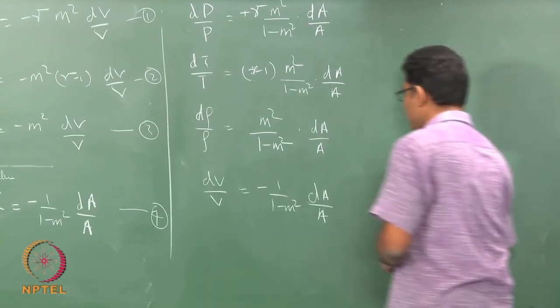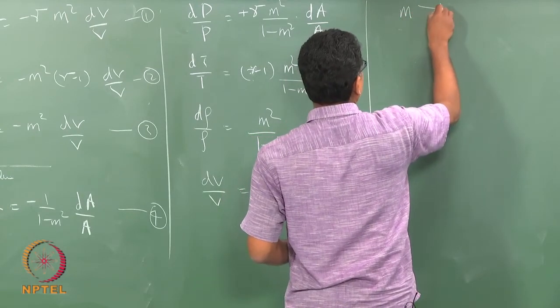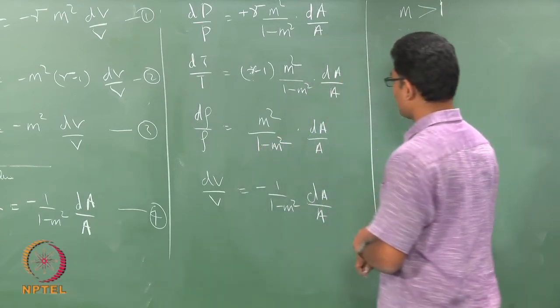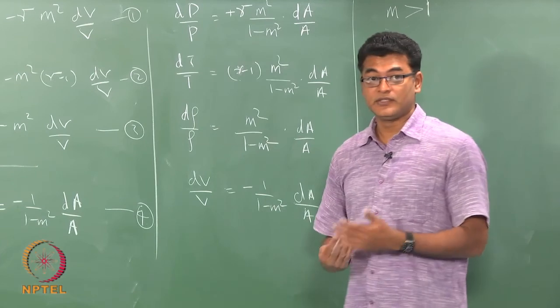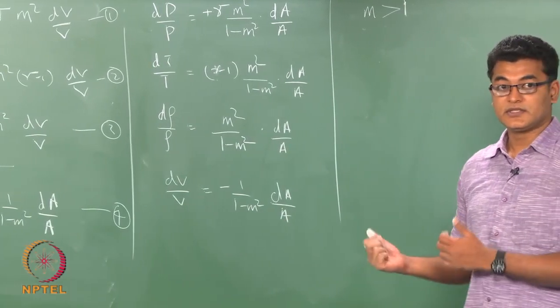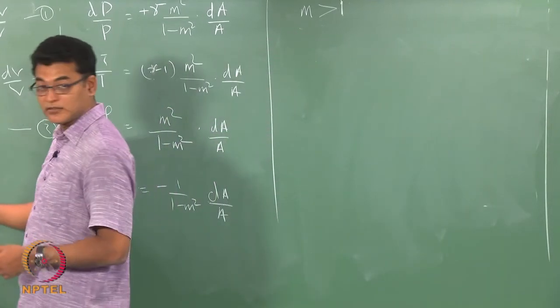So, let us write first if M greater than 1. We have already seen how your d rho by dV changes with dA change with Mach number.